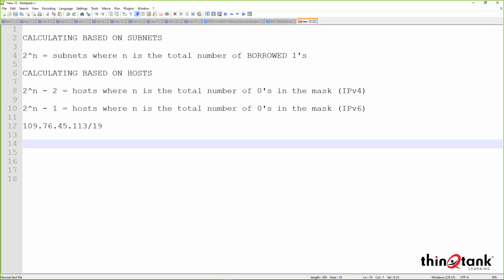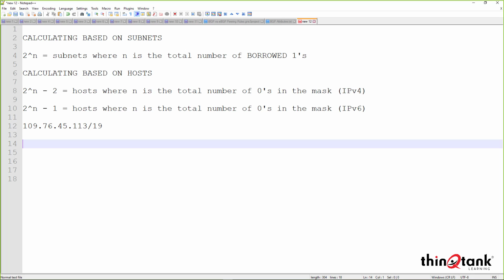Now, I know already that the network ID is 109.76.40.0. Actually, it's 32.0 in this case. 109.76.32.0. And the broadcast is 109.76.63.255. Host range is 32.1 through 63.254.